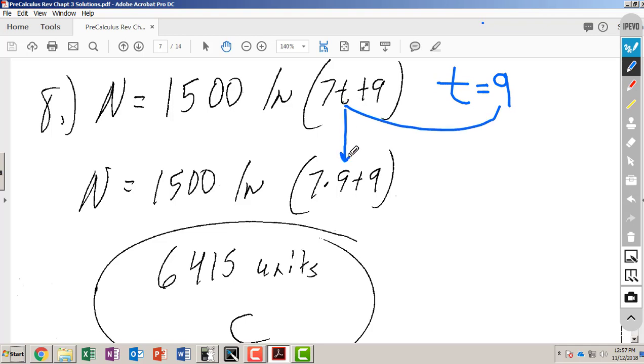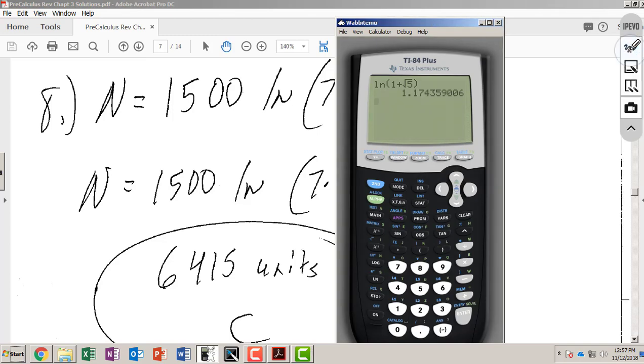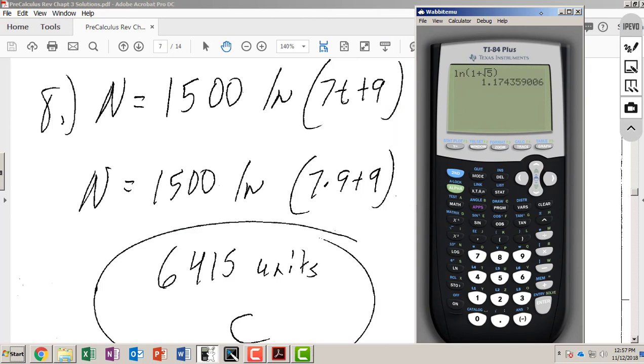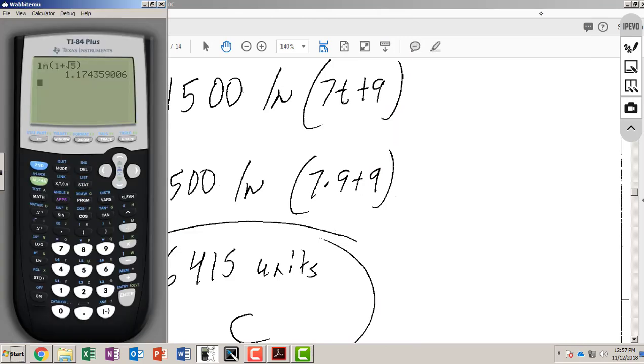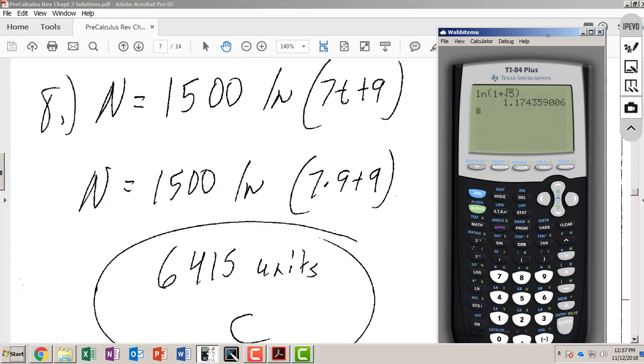And after you're done substituting that in, you can just go ahead and type that into your calculator. Let's see if I can get my calculator to stay over here. Let me clear out this other thing.